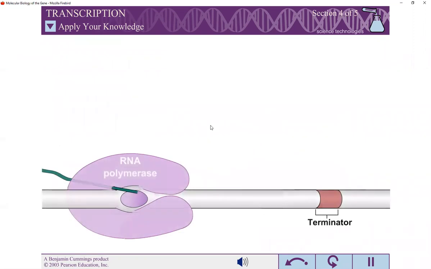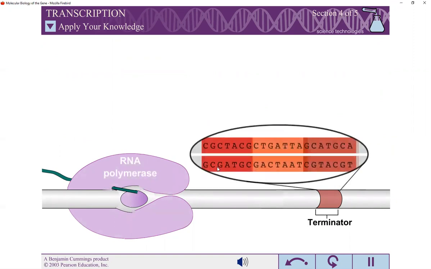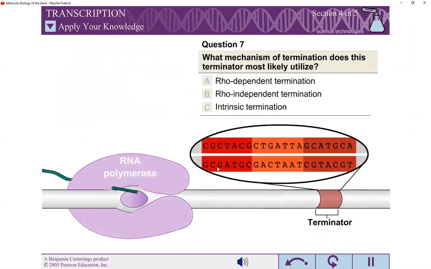Termination. Help this bacterial RNA polymerase dissociate from the DNA. Question 7. What mechanism of termination does this terminator most likely utilize? Now, the distance between the two terminating sequences must be equal to 7 to 8 base pairs, and here it is less than 7 to 8 base pairs, so it will utilize rho dependent termination.